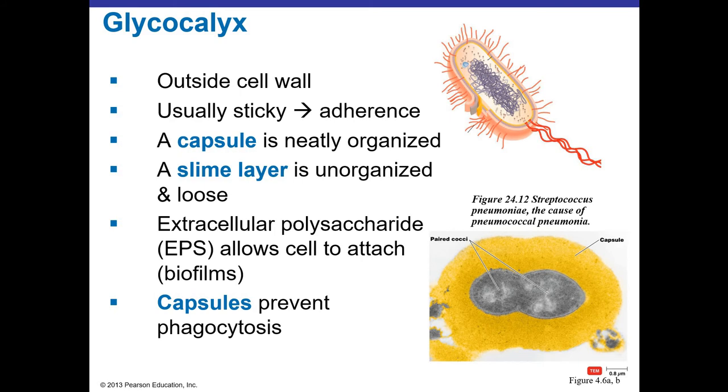When we talk about these glycocalyces, they can be in two forms. They can either be a capsule, which is a nice, tight, neatly organized layer, as we see in the picture in the lower right corner. That is Streptococcus pneumoniae, causative agent of what's referred to as pneumococcal pneumonia. They have a very defined capsule, as you see in yellow.